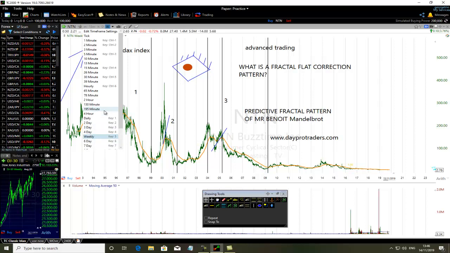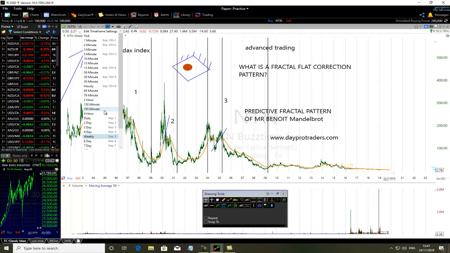Sometimes after recognizing the predictive pattern on a higher time frame, in this instance on the monthly chart, if you go to the daily chart or hourly time frame or lower time frame, you can see the same pattern copying itself and pasting itself either on the same time frame or on another time frame, or from one financial instrument to another financial instrument that belongs to the same group.